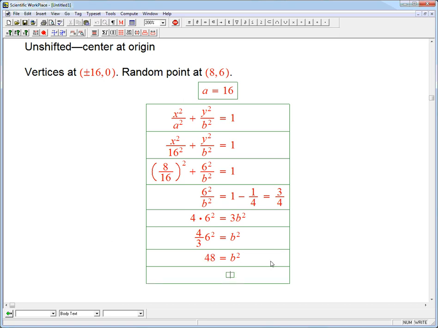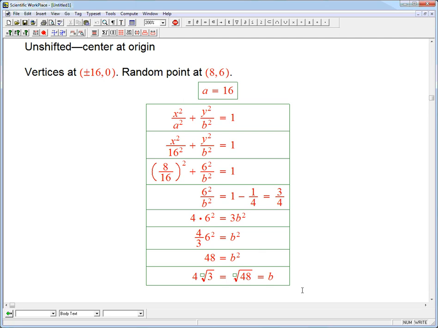And so we can square root. b is going to be equal to the square root of 48, and that 16 comes out, and so it's going to be 4√3. I'll just write it both ways. Okay. So 4√3. And of course b squared is what actually goes into the equation, so that's 48.